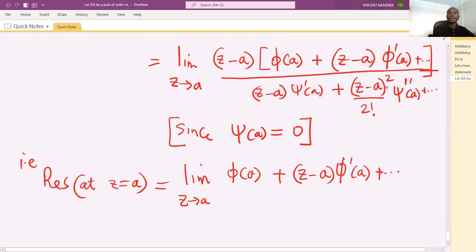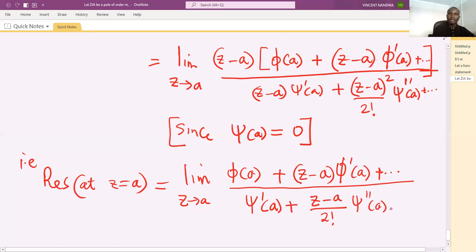And now when you factor out z minus a in the denominator terms, it will cross with this z minus a. So the first term in the denominator will be psi prime of a plus z minus a over 2 factorial, because 1 has been factored out to cross with this one, so we just have 1 power 1, second derivative at a, then plus other several terms.